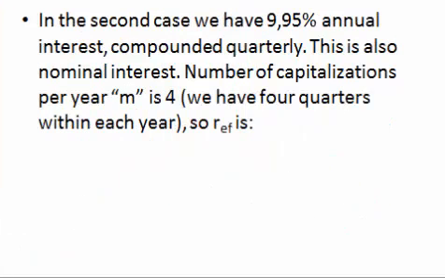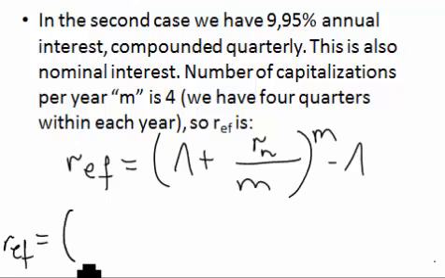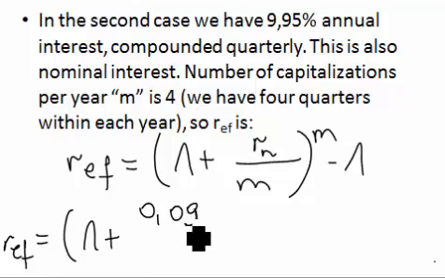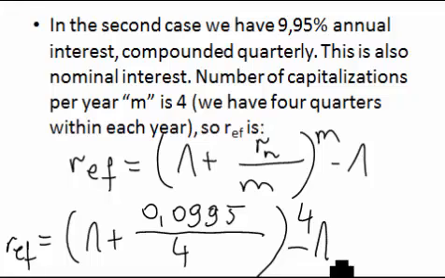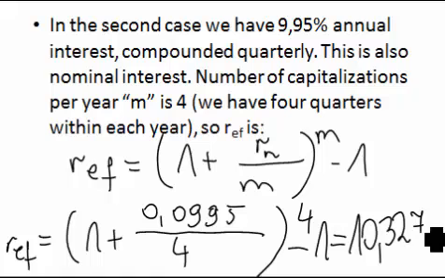In the second case, we have 9.95% annual interest compounded quarterly. This is also nominal interest. Number of capitalizations per year M is 4, as we have 4 quarters within each year. So our effective interest rate is 1 plus our nominal interest rate divided by 4, raised to the power of 4, minus 1 equals 10.3275%.